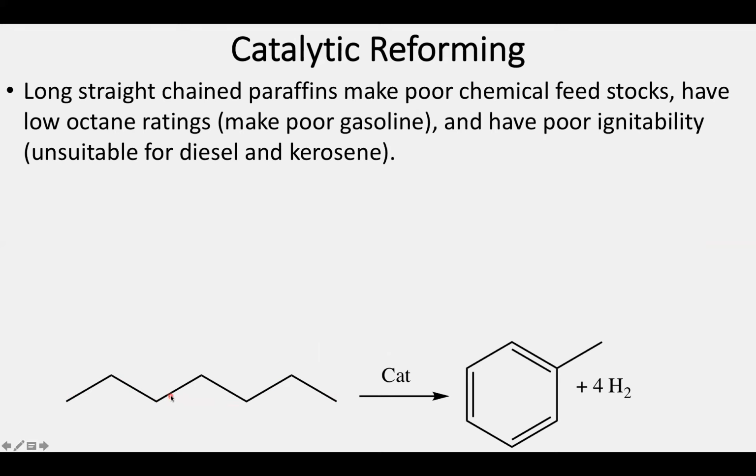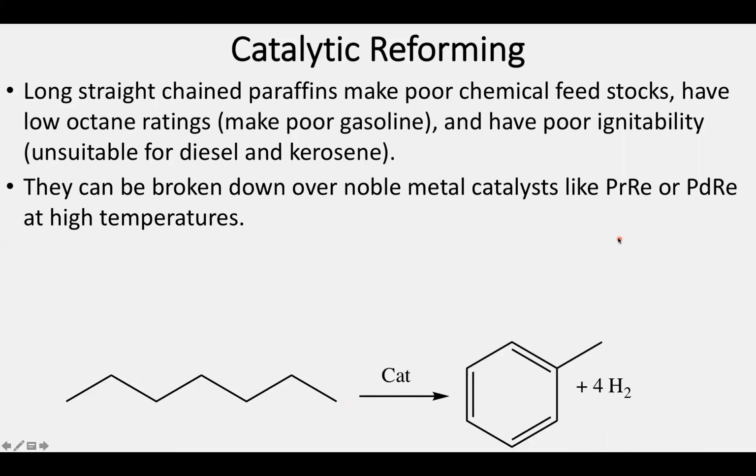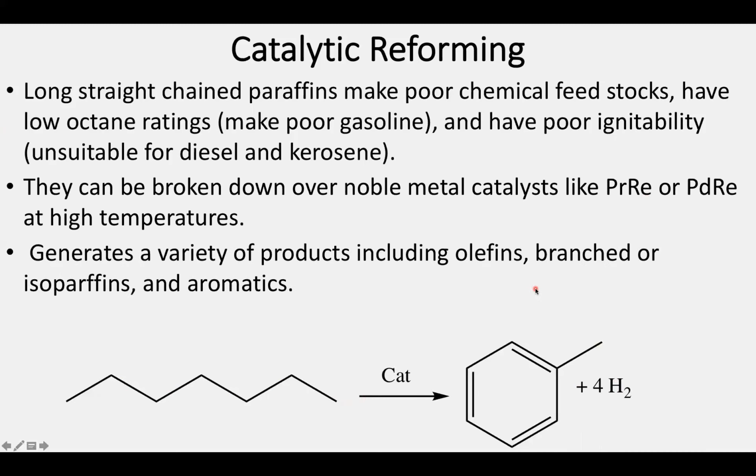Then you'll run them over a catalyst at high temps, and you'll form a smaller molecule, oftentimes an aromatic, and a lot of hydrogen. Typically the catalyst here is going to be some rhenium-based catalyst, again at high temperatures. The typical products here are going to be the hydrogen, which we're naturally going after, but also you're going to get some mix of olefins, paraffins, and aromatics.